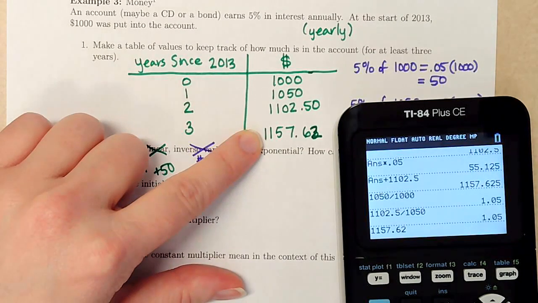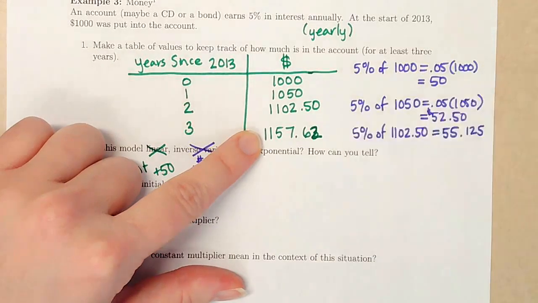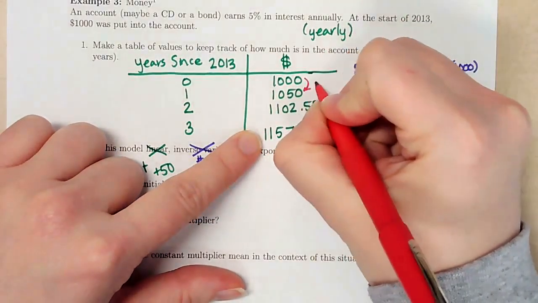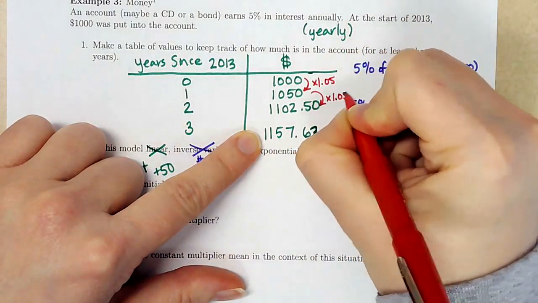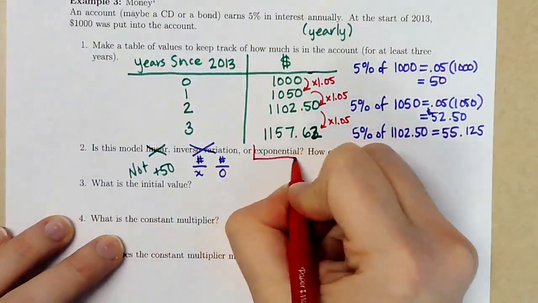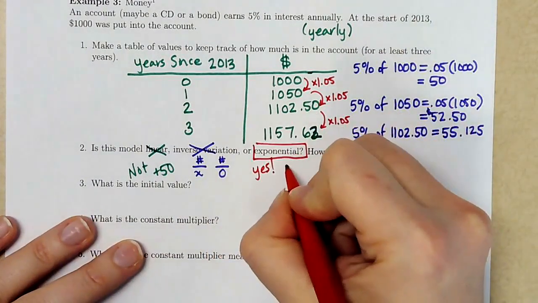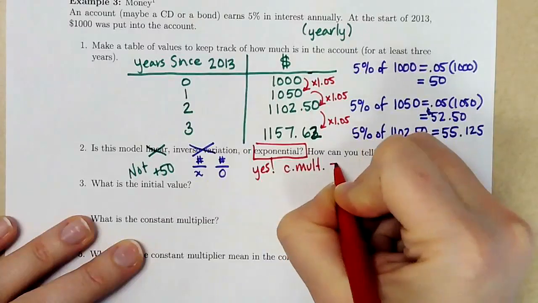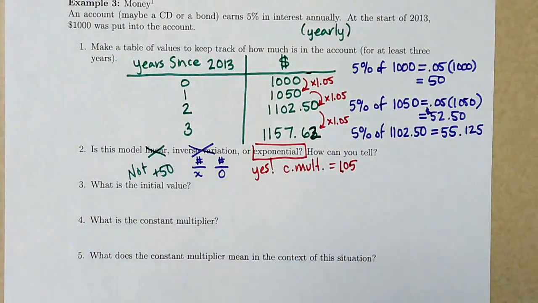It was actually 62.5, just saying. I'm going to add it in there just to make it pretty. 1.05. So what I'm seeing is that there is a constant multiplier, or constant ratio, of multiplying times 1.05. So is it exponential? Yes. The constant multiplier is equal to 1.05. Okay, cool.